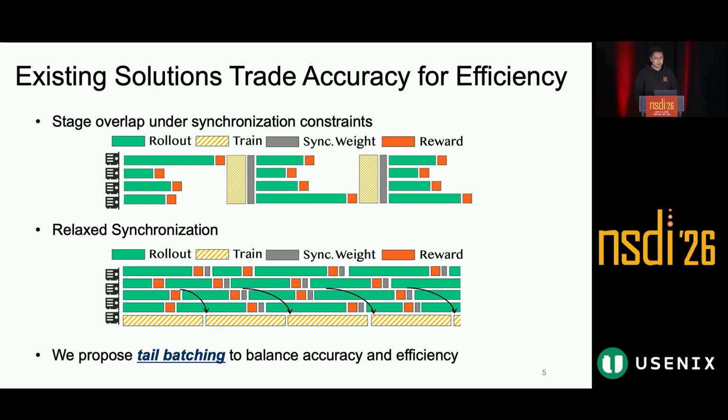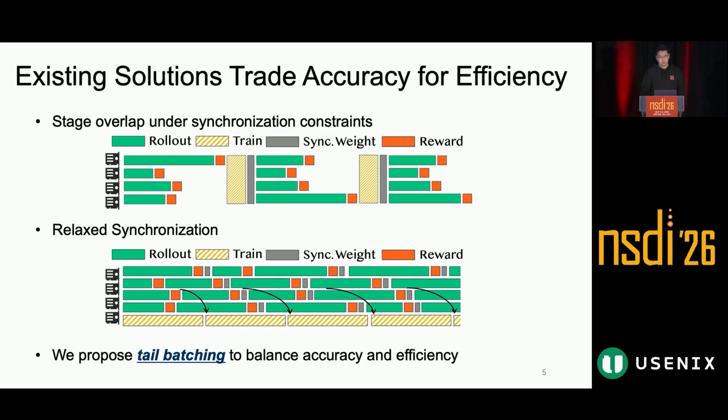Existing solutions to improve efficiency and tackle those bubbles fall into 2 categories. The first is stage overlap under synchronization constraints, which is to say, overlapping the rollout stage with reward computation. But as we mentioned before, reward computation typically takes less than 15% of total end-to-end latency, so the gains are limited.